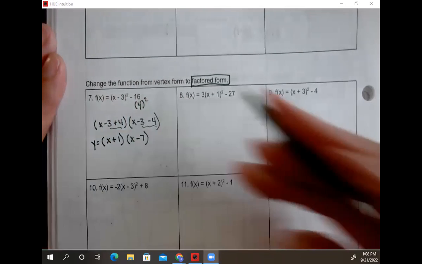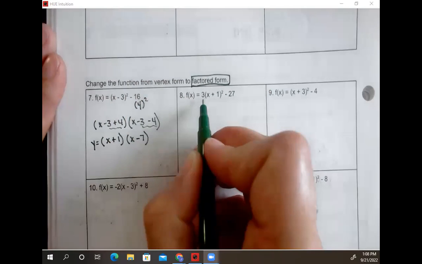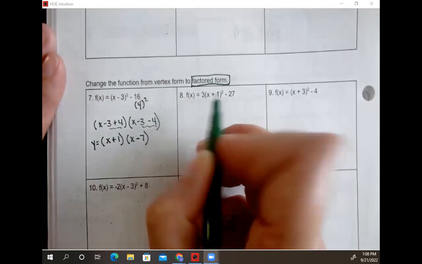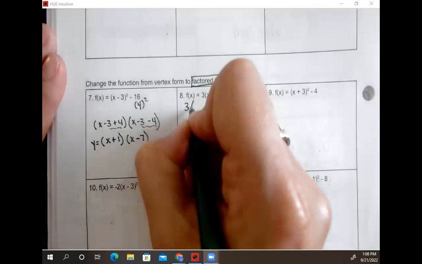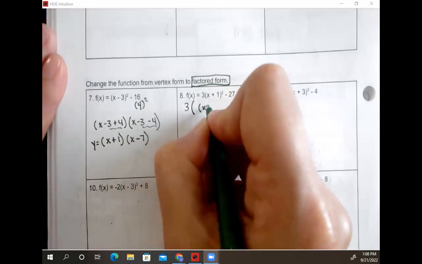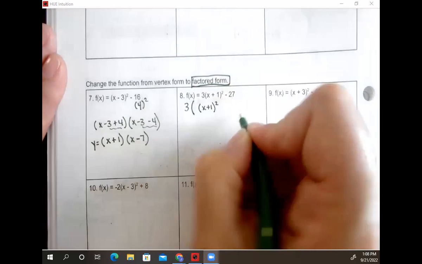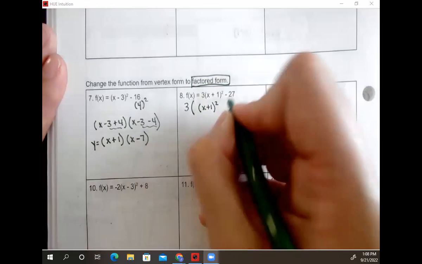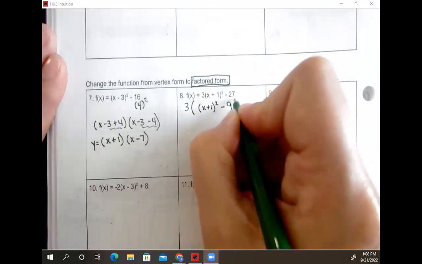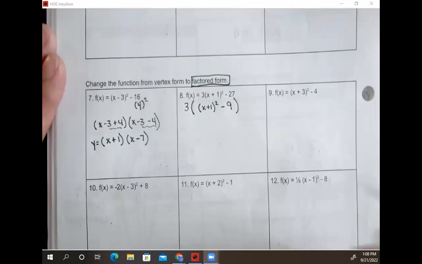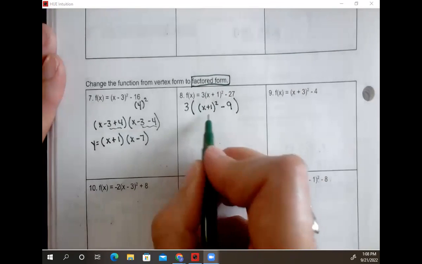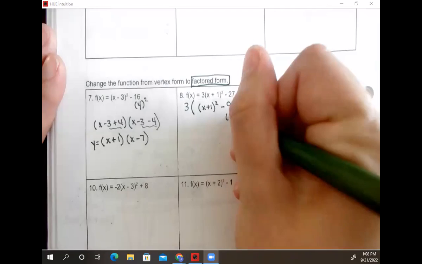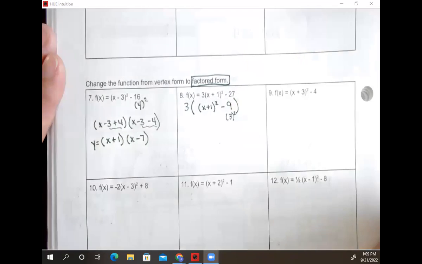In number 8, I see a lead coefficient here that's not 1. So I want to start by factoring this out as a GCF. So I'm going to pull that 3 out front. I've got x plus 1 squared. And then 27 divided by 3, that'd be 9. So minus 9. Now my first term's already written as something squared. 9 would be 3 squared.